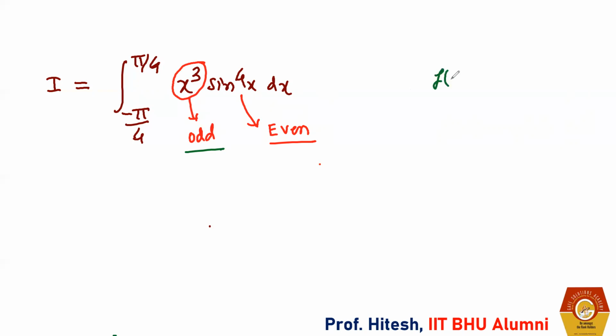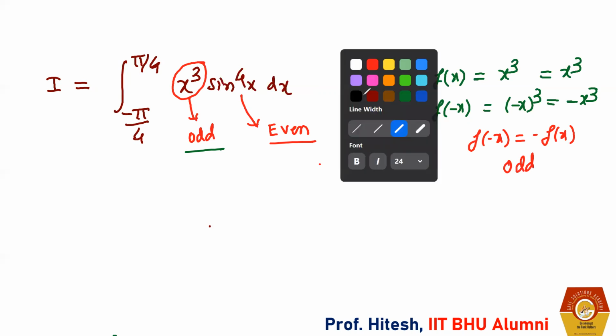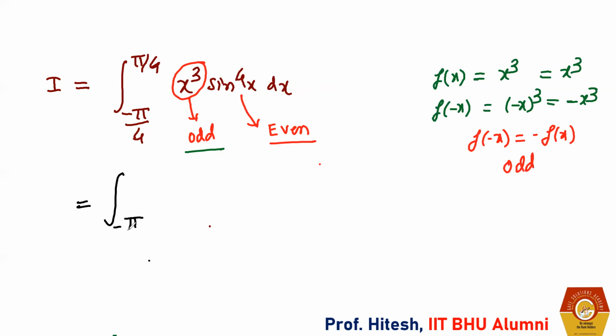Why is it an odd function? f of x is x cube, f of minus x is minus x cube, so odd function. f of minus x is equal to minus f of x, odd function. So hence from minus pi upon 4 to pi upon 4, this is an odd function. So it is equal to 0. Okay, write it down.